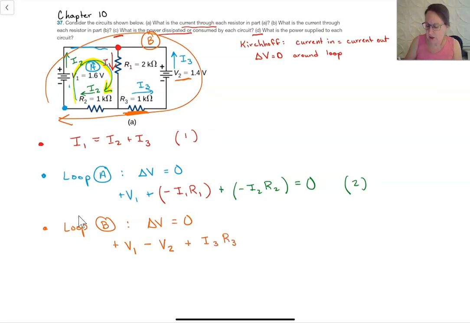Remember our sign conventions. Just to remind you, if we go through the battery in the direction that it goes, that would be a plus voltage.